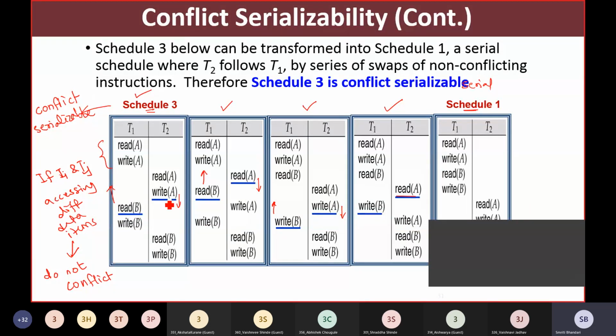So simply we are doing the same thing. So we are having here write A that belongs to T2 and read B that belongs to T1. So these two are accessing two different data items A and B. So these two do not conflict. So we are swapping.